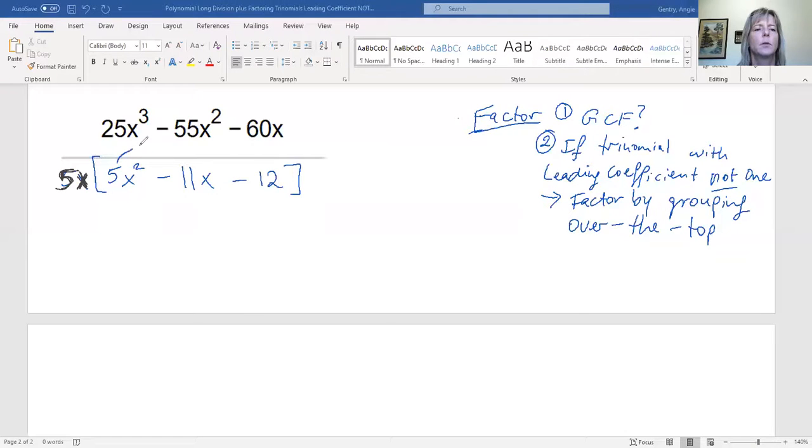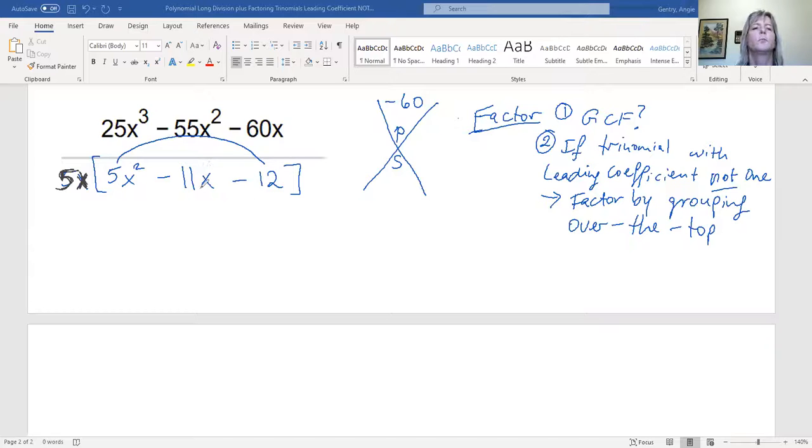What we're going to do is take that 5 and that negative 12, and come over here and say, here's my product, here's my sum. In the top, I always put my product. What is 5 times negative 12? Negative 60. You multiply the 5 times the negative 12, that gives you negative 60. The sum is that middle term here, when you add them together, like if you were FOILing and combining like terms, you get a negative 11x.